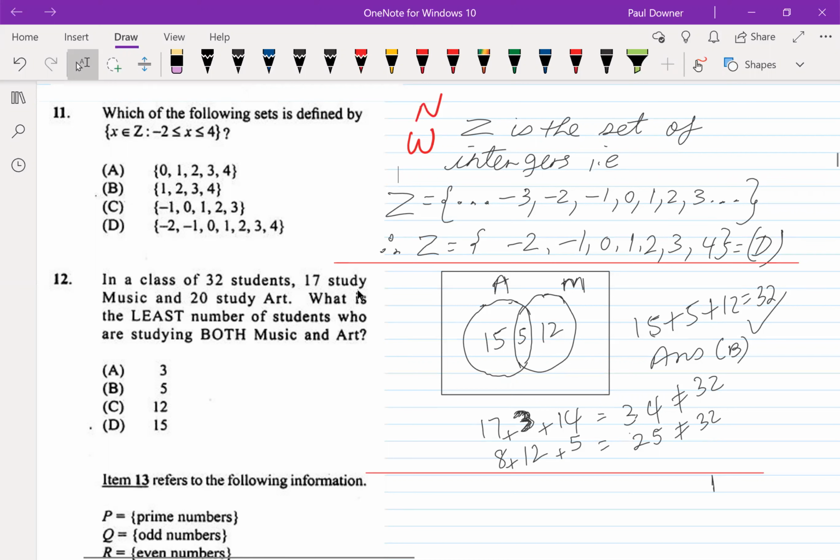And on this side, because 20 study art, these two numbers must add up to 20. So this number is a very important number. When you add these two, you get 17, and when you add these two, you get 20.